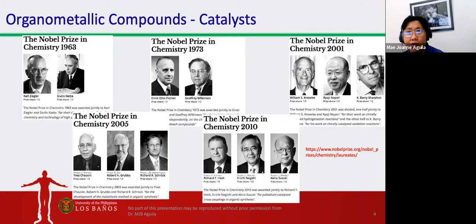Actually, Grubbs and Schrock are the ones who prepared the catalyst for metathesis reaction. And then we have Heck, Negishi, and Suzuki for palladium-catalyzed cross-coupling reactions. So for these examples, the organometallic compound that they use is for application as catalyst for the reactions mentioned.